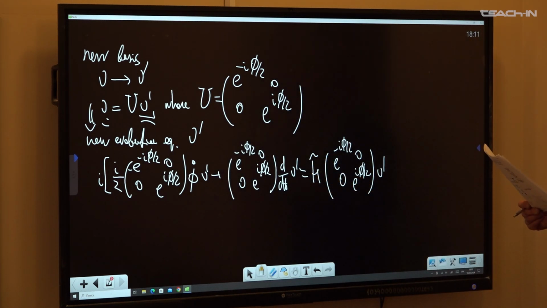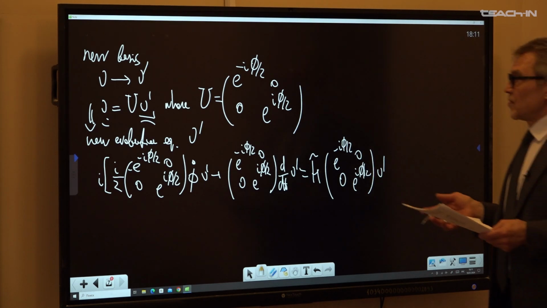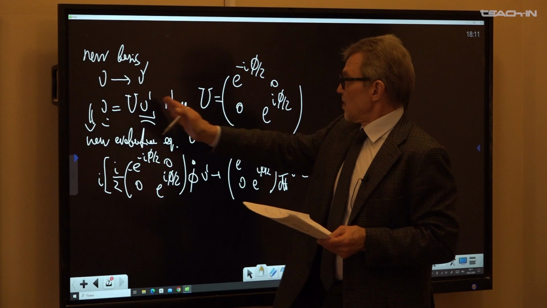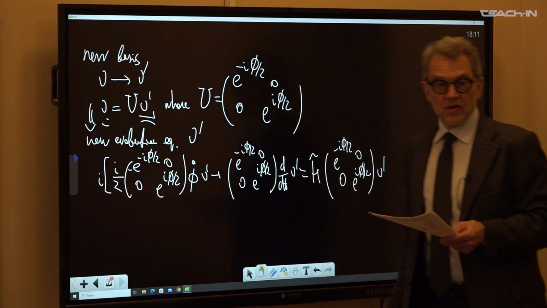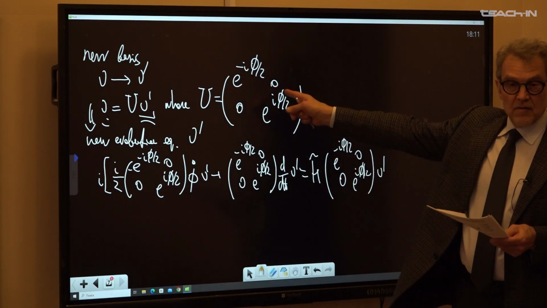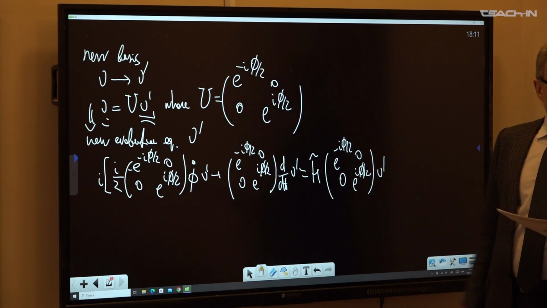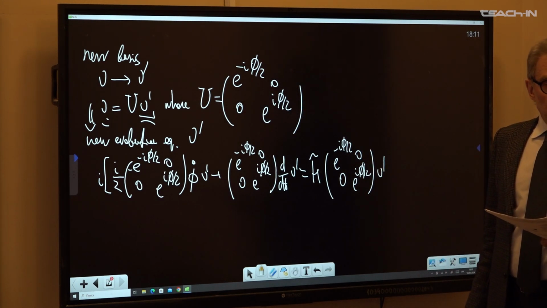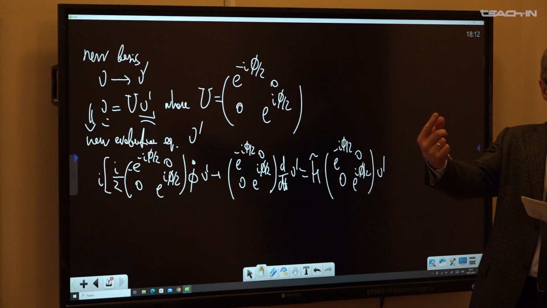Here is the new evolution equation for neutrinos in the new basis that is related to the initial one by this unitary transformation. And phi is the same as in the expression for the evolution in space of the strength of a constant magnetic field, transversal with respect to neutrino propagation.